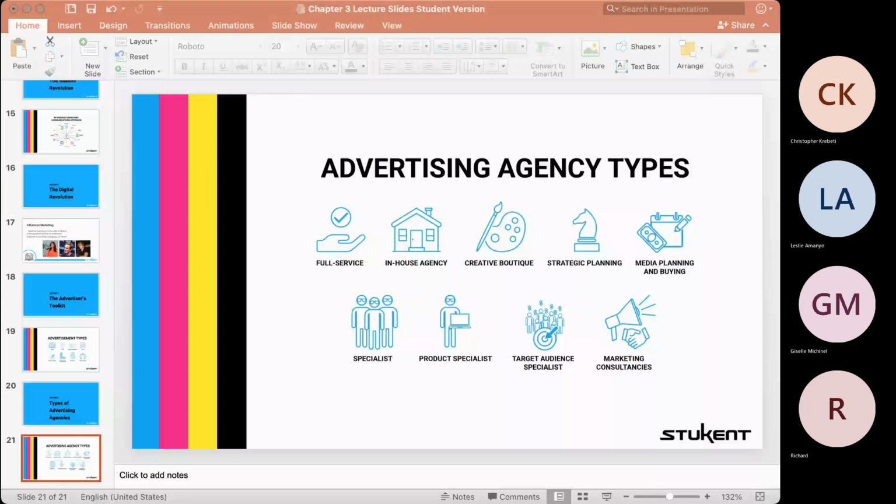An in-house agency can be more effective than an independent agency. The reason is that they work within the same marketing team at the same location. They can be faster, less expensive, and simpler for a marketer to work with than an independent agency would be.